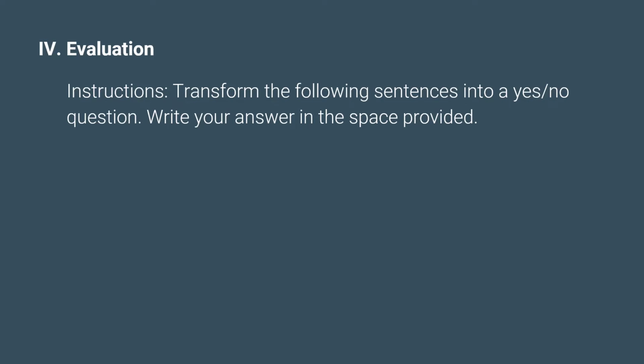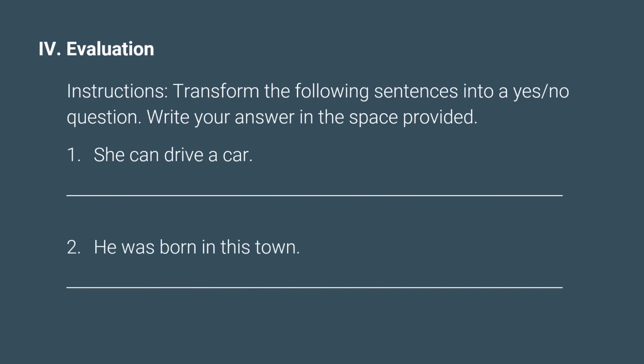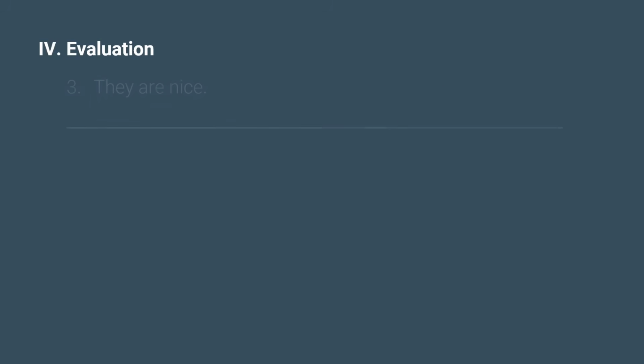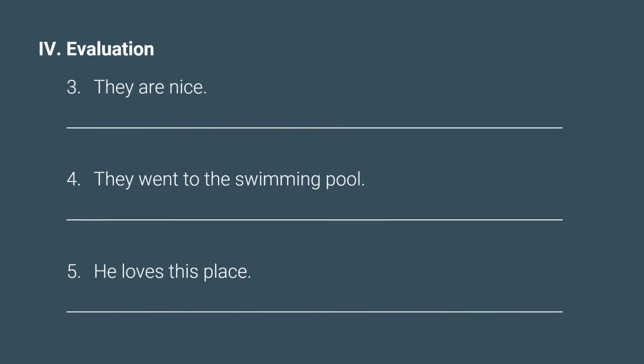Transform the following sentences into a yes or no question. Write your answer in the space provided. 1. She can drive a car. 2. He was born in this town. 3. They are nice. 4. They went to the swimming pool. 5. He loves this place.